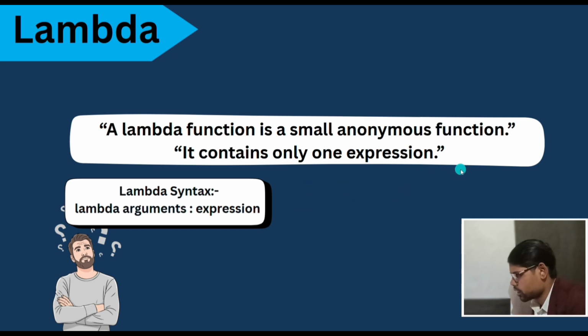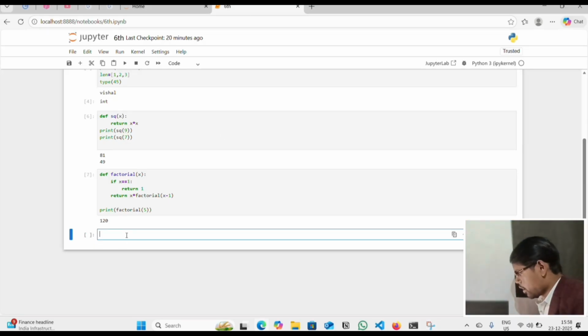A lambda function is a simple one line function. So first I will create result. Result equals lambda, giving arguments a, b. The expression is a plus b.